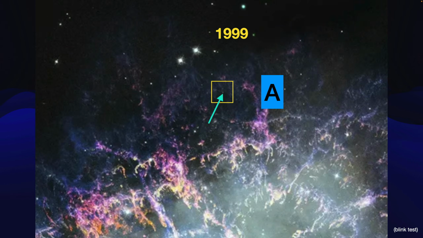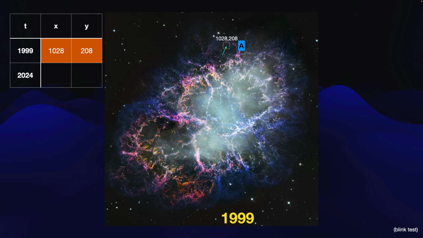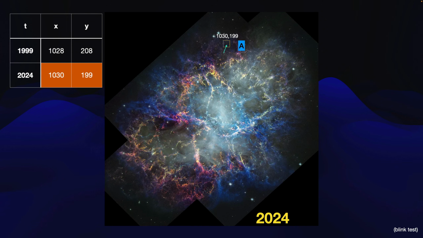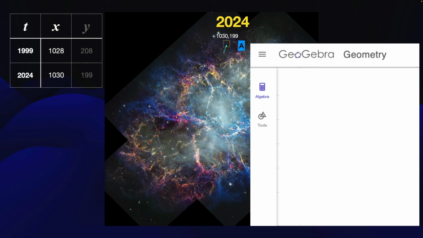You can probably see that spot a little bit better, just a little pixel. And so what I did is I figured out exactly what pixel that was, in 1999 and then 2024. Then we're going to figure out the parametric equations, and then we'll feed them into Geogebra.